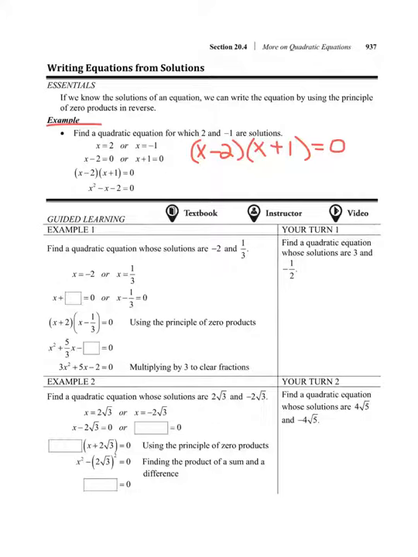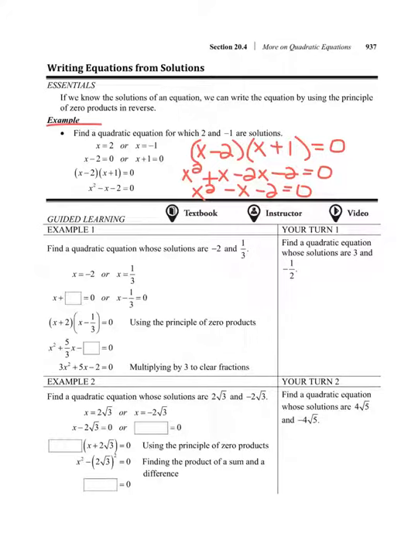So now to find my quadratic equation, I'm just going to use FOIL and get it in the form of ax squared plus bx plus c equals 0. So first times first, x squared, and then outside, inside, last times last, and then simplify it. So x squared minus x minus 2 equals 0.